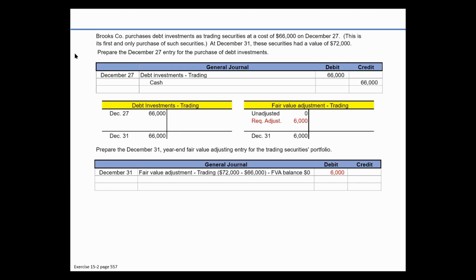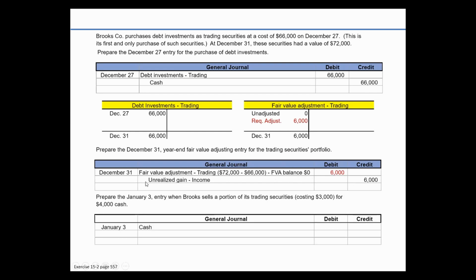And so we would subtract the two of those, and then we didn't have any balance yet in the fair value adjustment trading account, so we wouldn't have to deal with that. So $6,000, and then we have a credit for unrealized gain income of $6,000. And then that will become part of the income statement.